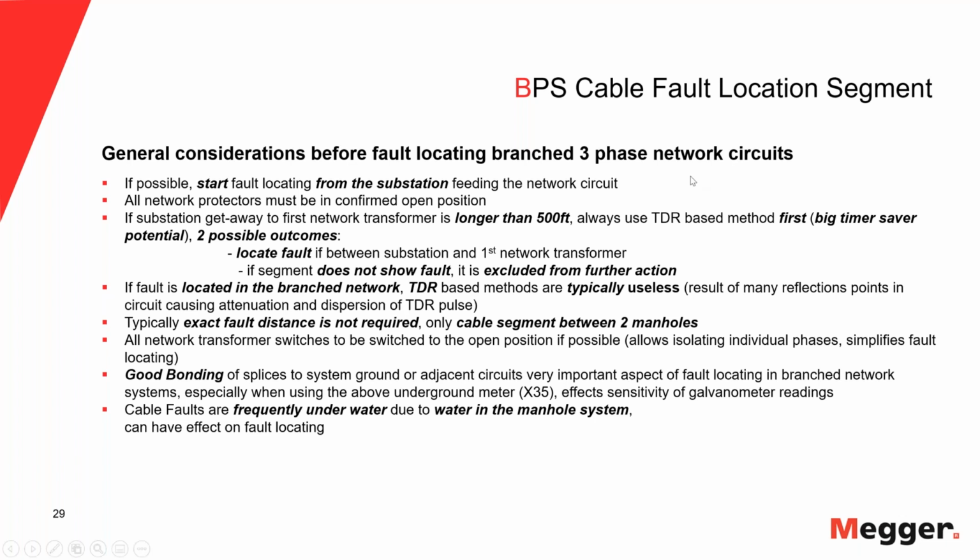So we need to look at the entire circuit from the substation going out to the multiple ends in that circuit, because a branch network system has probably, I don't know, 40, 50 ends basically, right?